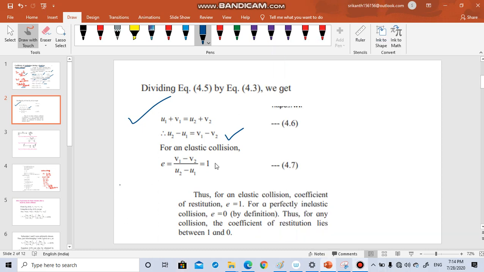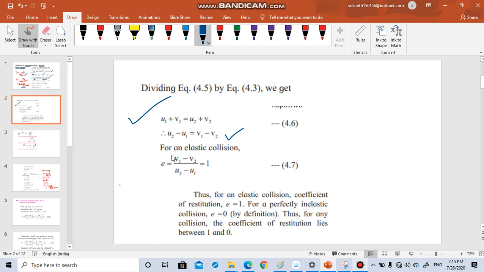If you remember the definition of E, it was v1 minus v2 by u2 minus u1. If I take u2 minus u1 to the other side, you get 1 equal to v1 minus v2 by u2 minus u1.